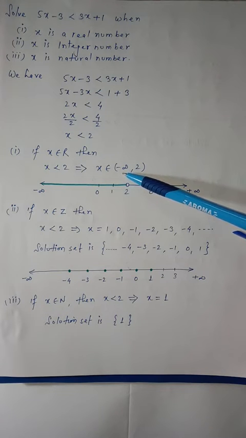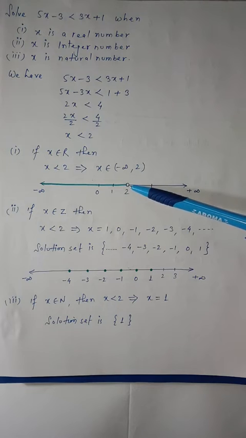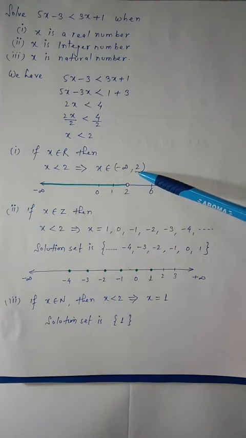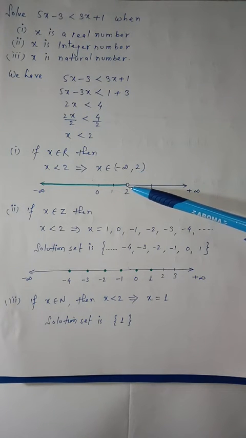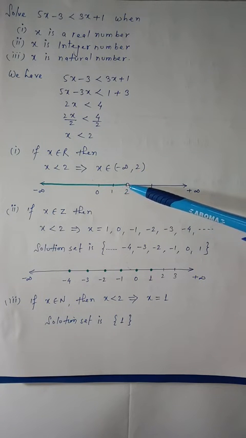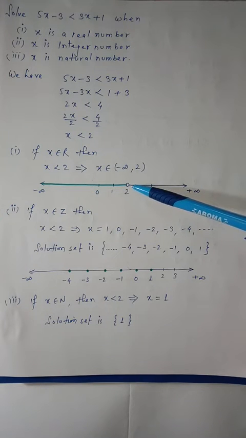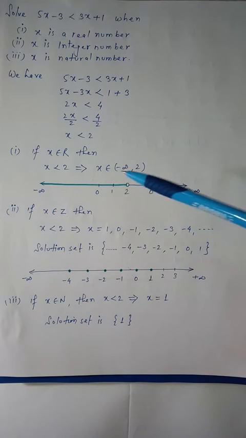And we already know how to draw on the number line. You can see this is 2 but not equal to 2, so there will be a hollow circle on 2 and it will be less than. I have just shown that before 2 there will be 1, 0, and after, like 3, 4, 5, 6. So the solution will be from 2 to minus infinity.